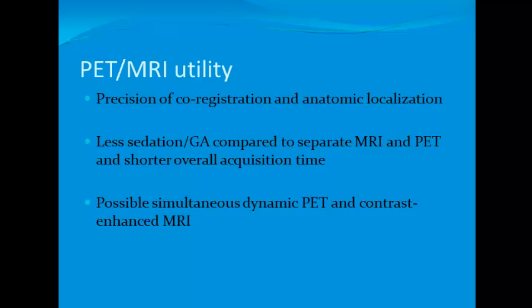Combining it into one would mean they'd spend less time sedated or under general anesthesia, and it would reduce the total acquisition time. There's also a possibility of getting additional functional data through dynamic PET or contrast-enhanced MR functional information.